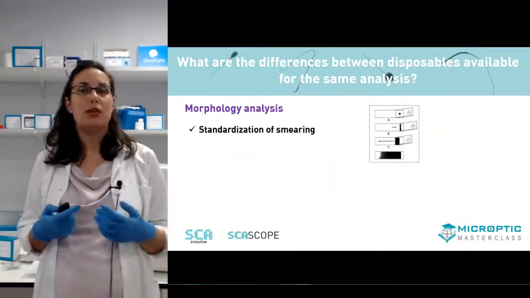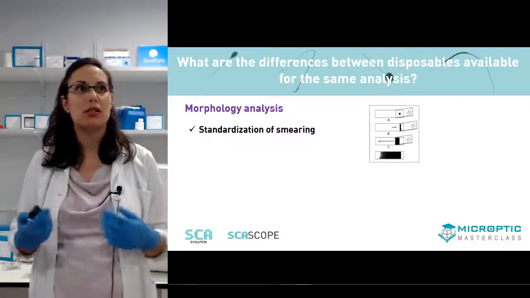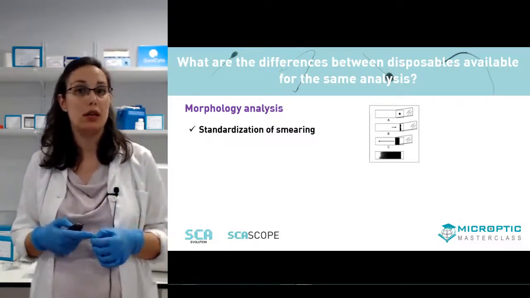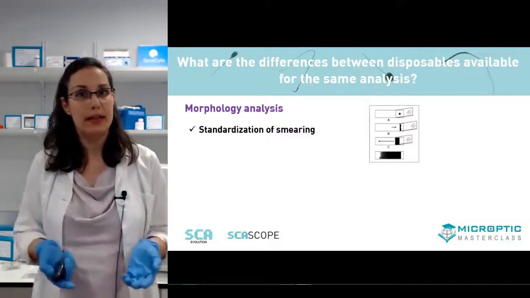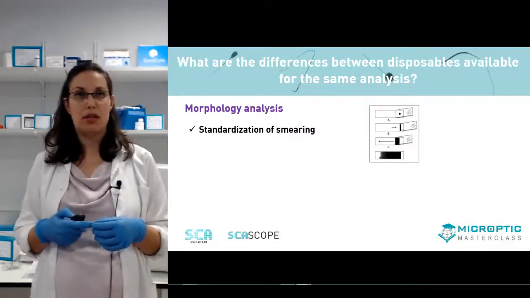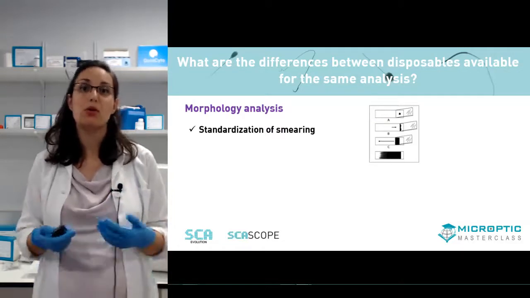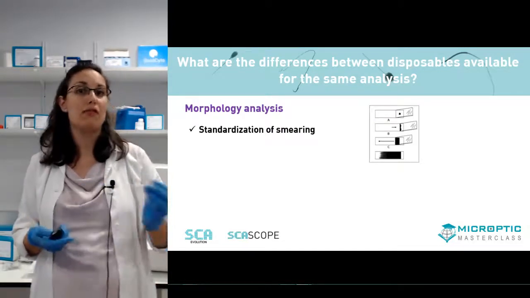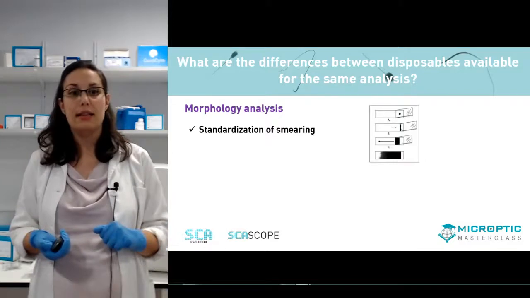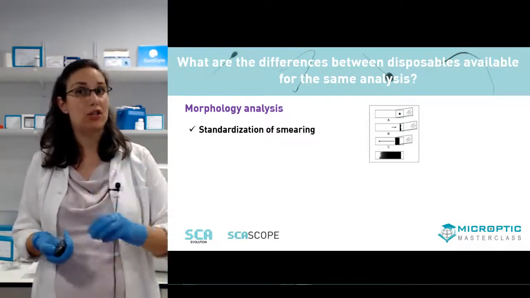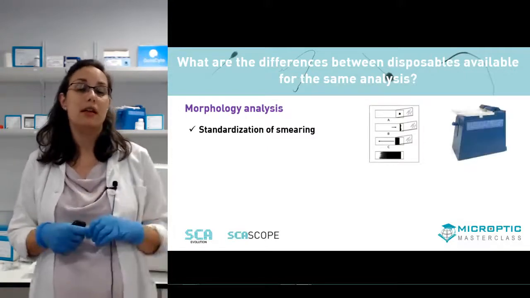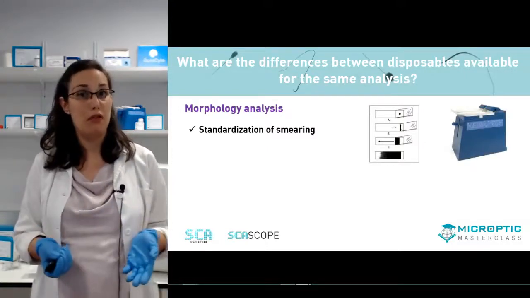In the same way that we need to think about all these issues regarding staining solutions, especially when you want to be accredited, it is important to standardize your procedure for performing morphology as much as possible. In that case, it's very important to standardize the smearing, the preparation of the samples for evaluating morphology.